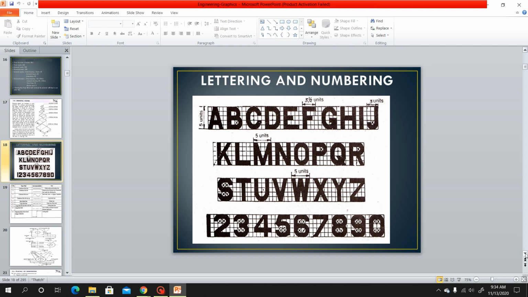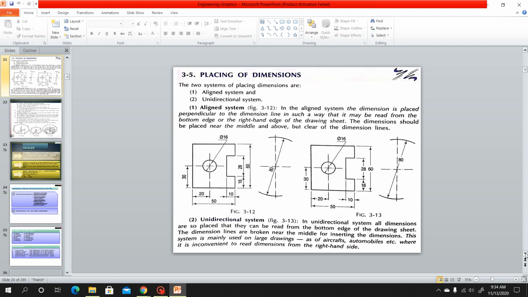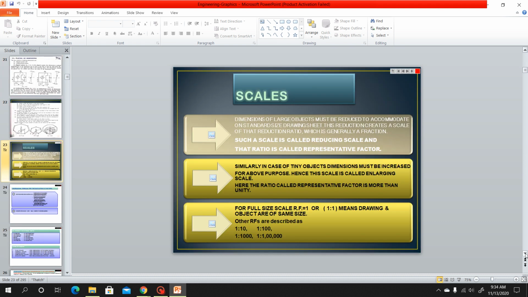So, let us start the class from where we left off in the last class. If you remember, in the last class, we did the very first engineering curve, that was cycloid.